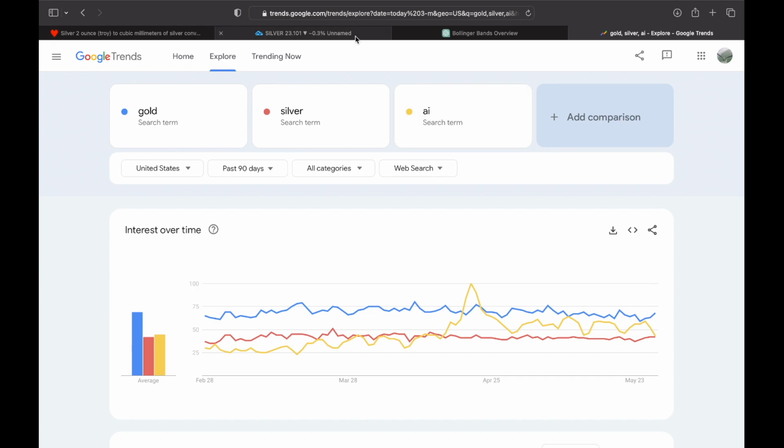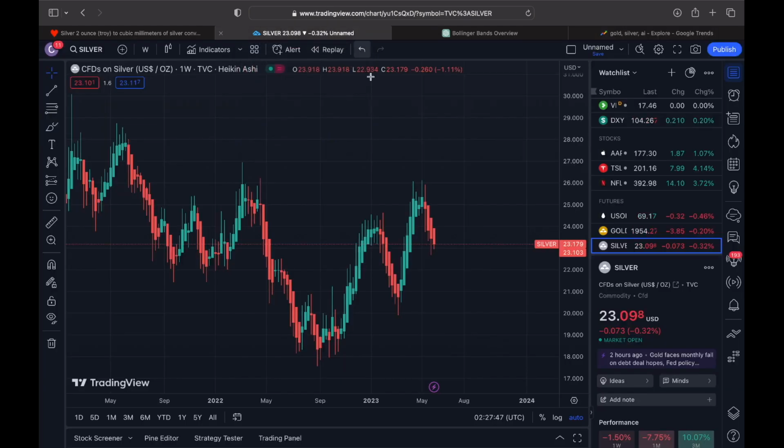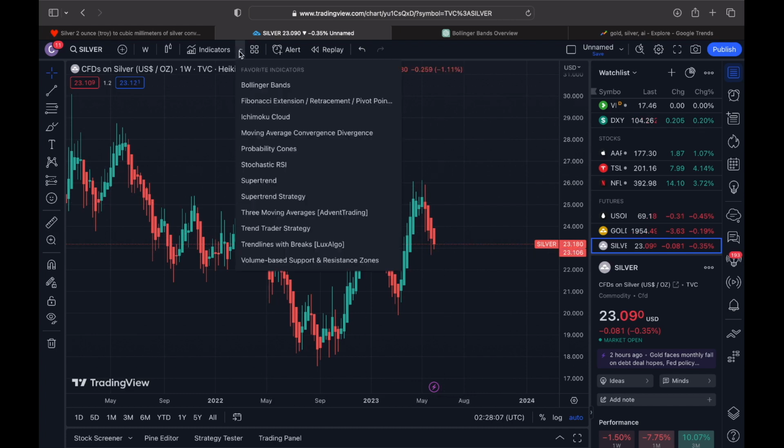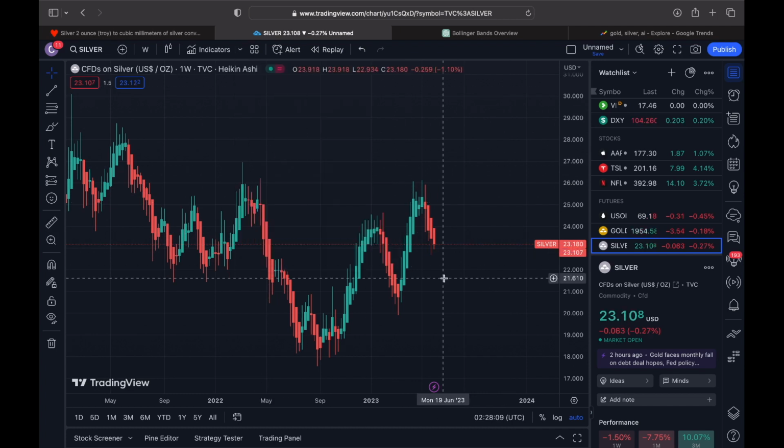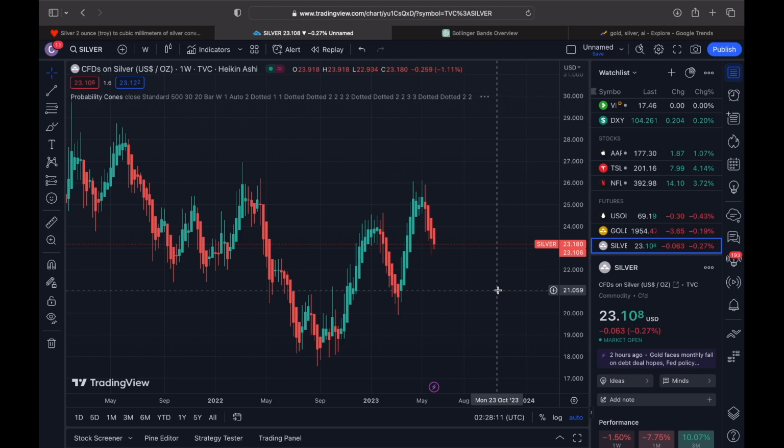Some useful information. Again, as we head into the summer months, it may not be as volatile or as exciting as the last few months that we saw, or the beginning of the year, but could we see some ups and downs? Yes.